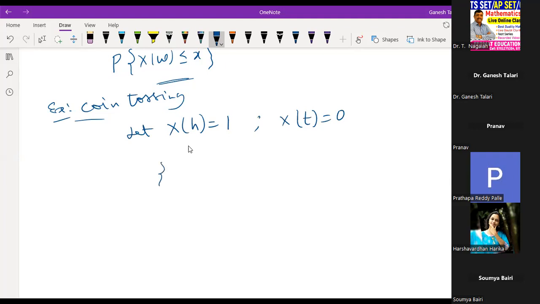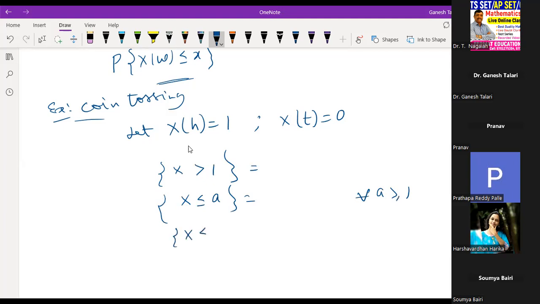The first one is X is greater than 1. Second one is X is less than or equal to a, for every a greater than or equal to 1.